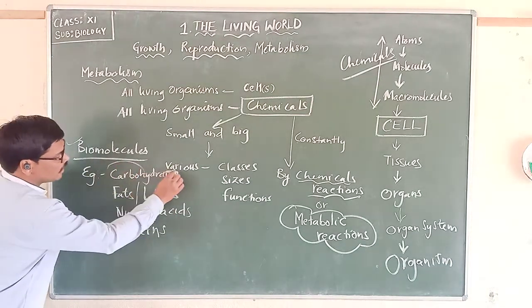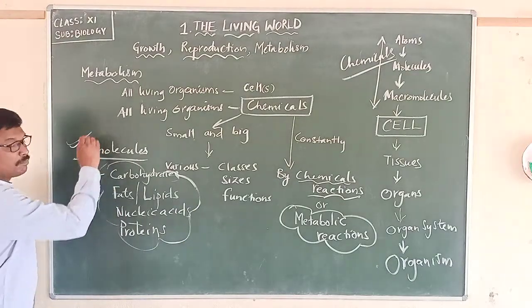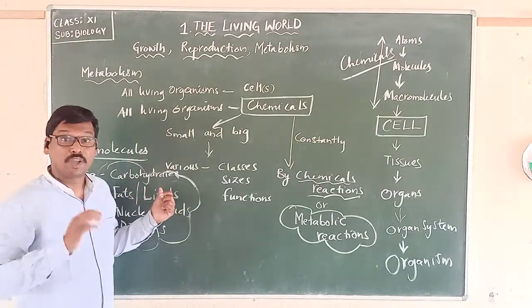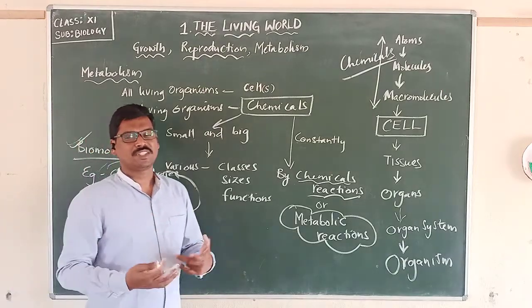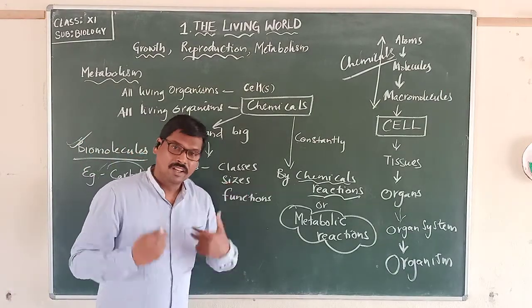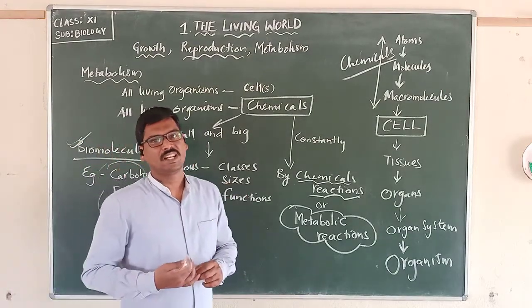All these are called as what? The biomolecules. These are all called as the biomolecules which are formed continuously in a cell or in a living organism to support the life.